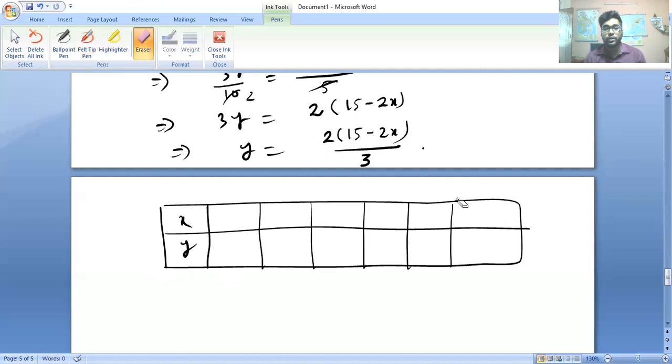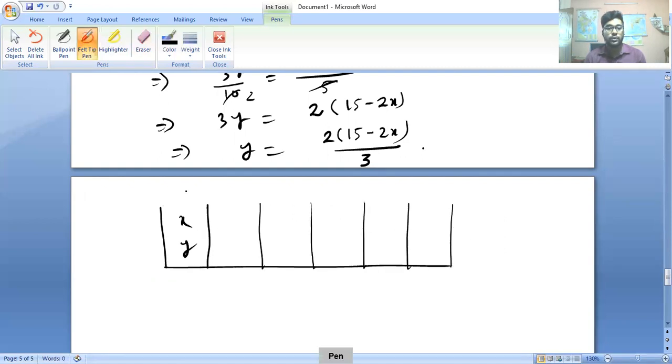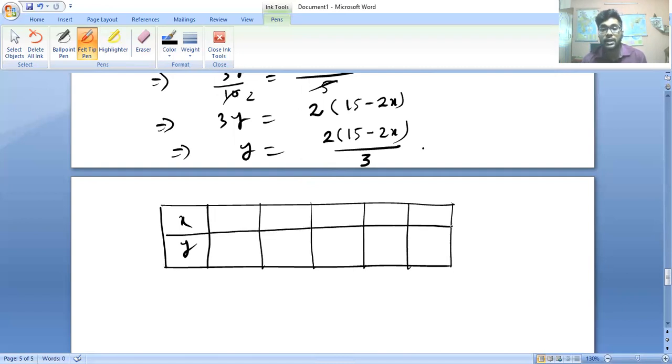Now you have to put the value of x and find the value of y. But remember, you will put a term so that it comes as an integer. As I have already discussed, if it is an integer, it will be very easy to find the solutions, not fractions.